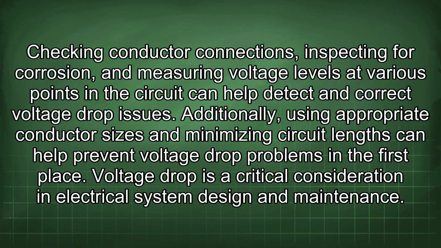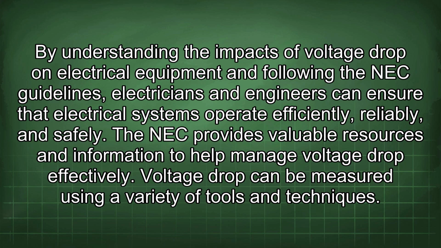Voltage drop is a critical consideration in electrical system design and maintenance. By understanding the impacts of voltage drop on electrical equipment and following the NEC guidelines, electricians and engineers can ensure that electrical systems operate efficiently, reliably, and safely. The NEC provides valuable resources and information to help manage voltage drop effectively.